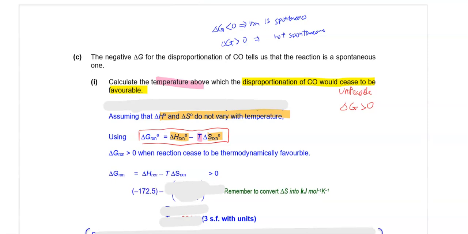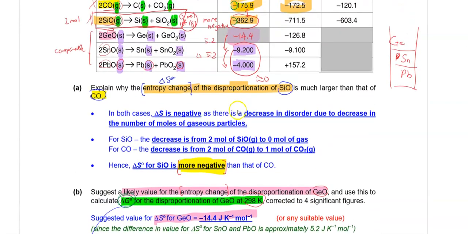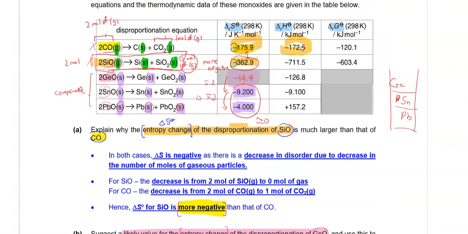So over here, I get the value of negative 172.5 from the earlier part, delta H, and then delta S, negative 175.9. But over here, recall, I need to convert delta S into kJ per mole per Kelvin, because your delta H is in kJ per mole.